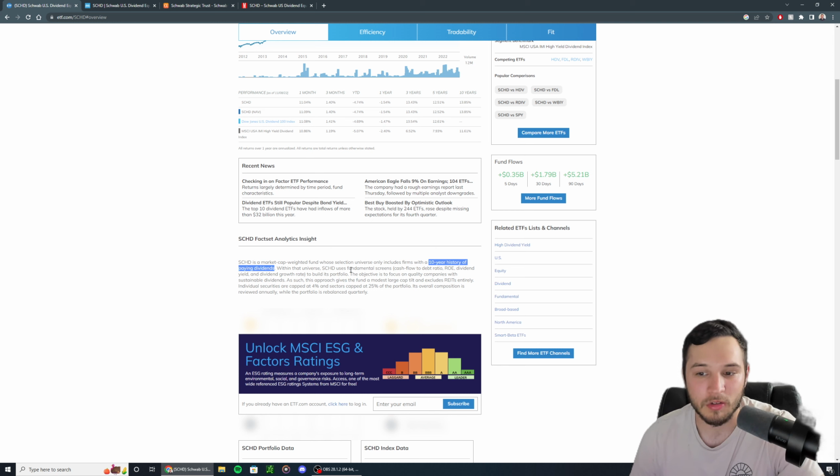It screens all US based companies that have paid out a dividend for at least 10 years and are worth at least $500 million in market cap. Then they get that huge list of companies that have paid out dividends for 10 years.